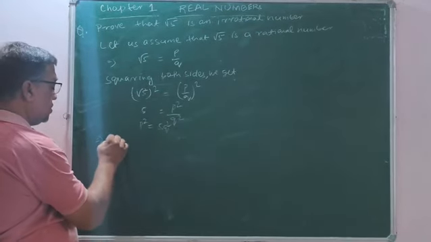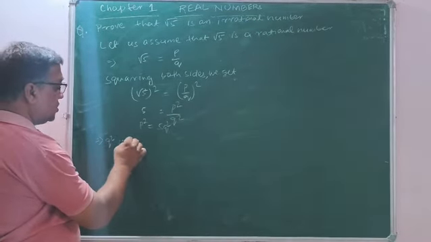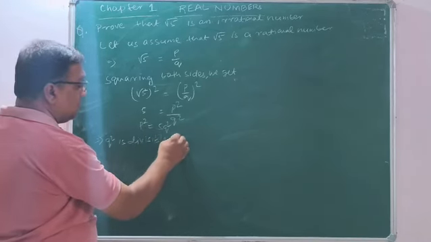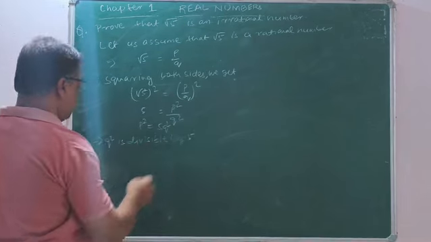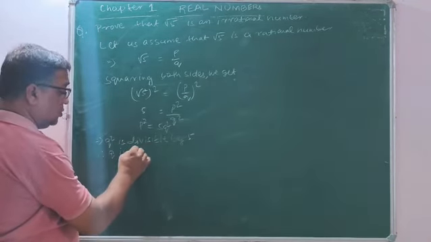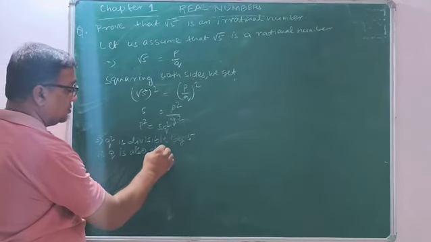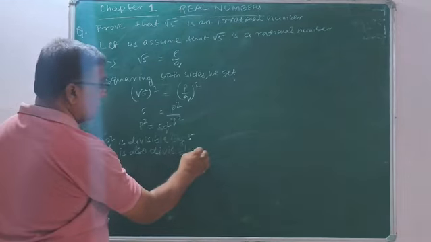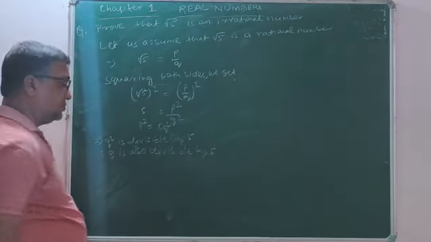That implies p squared is divisible by 5. Therefore, p is also divisible by 5.